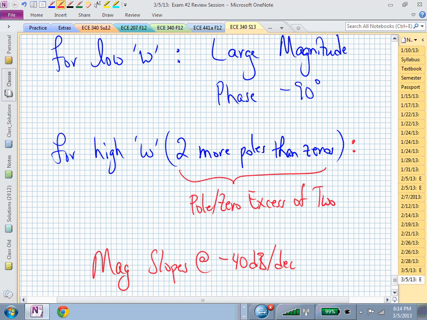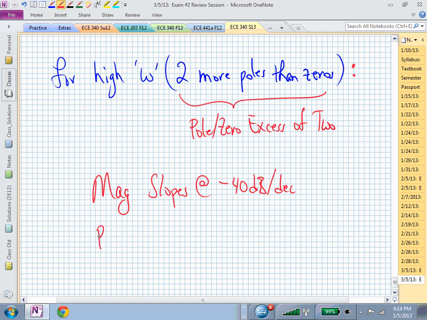What do you know about the phase? Where is the phase going to end up for high frequencies? It's going to have 2 more poles than zeros, so you now effectively have a 2-pole system at high frequencies, and 1 pole contributes minus 90.